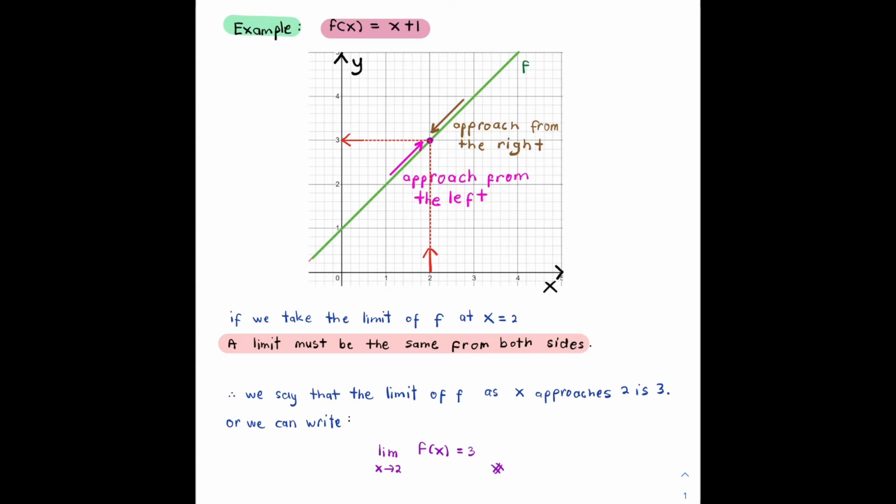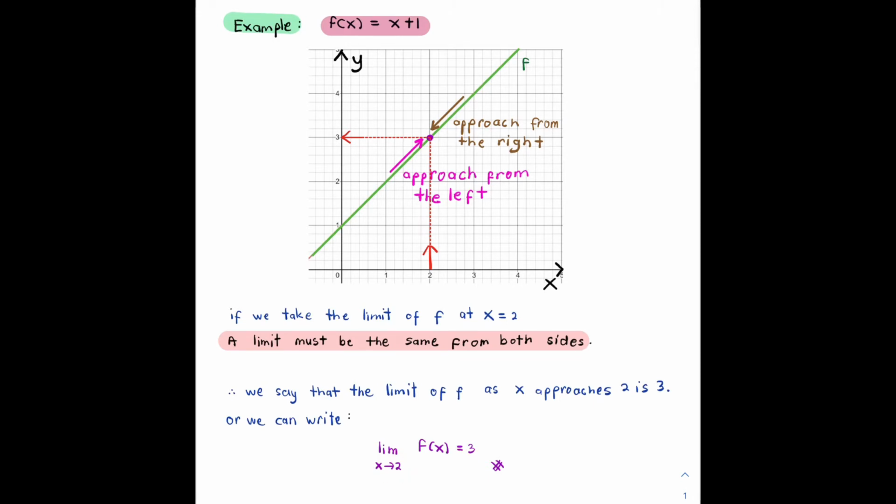So we say that the limit of f as x approaches 2 is equal to 3. We can write it as the limit of f(x) as x approaches 2, and this is equal to 3. How can we conclude that it is equal to 3? Because we have checked the limit from both sides, from the right hand side and also from the left hand side.